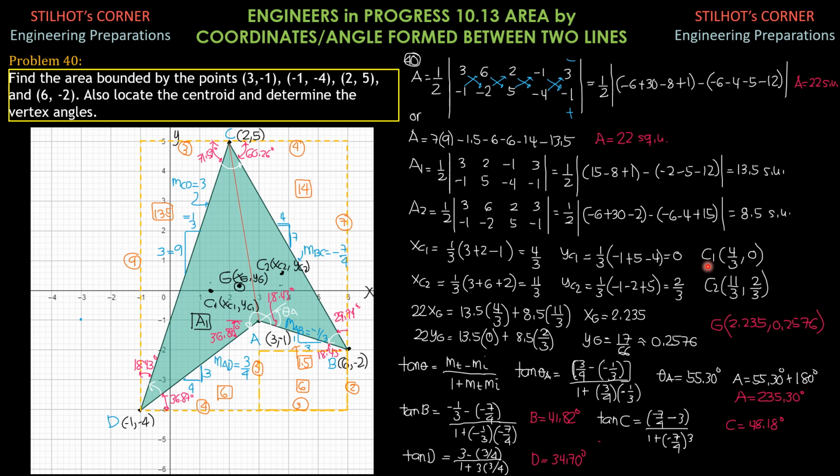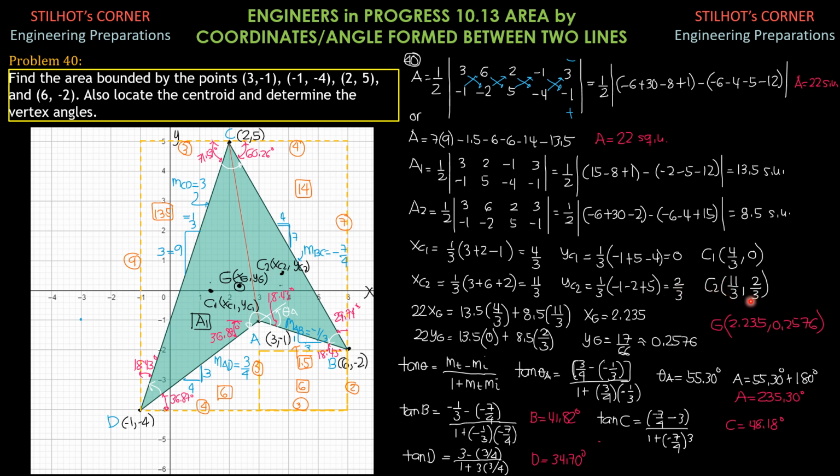So therefore centroid 1 of area 1, triangle 1, is 4/3, comma 0. X sub c2 is 1/3 of 3 plus 6 plus 2, so that's 11/3. And y sub c2 is 1/3 of negative 1 plus negative 2 plus 5, and that is positive 2/3. So centroid 2 of triangle 2 is at 11/3, comma 2/3.